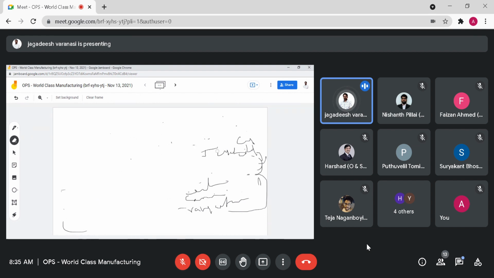Okay, automotive, what is the value stream mapping criteria? And construction, what is the value stream mapping criteria?